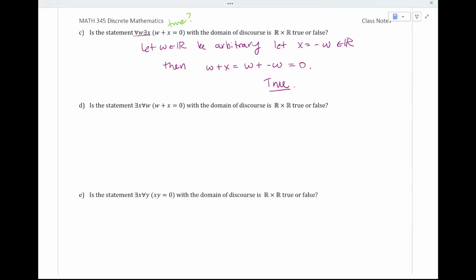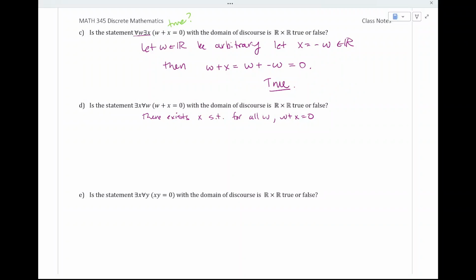Is that true? I pick a value for x that'll work for every single value of w. I'm not sure that's going to be true.